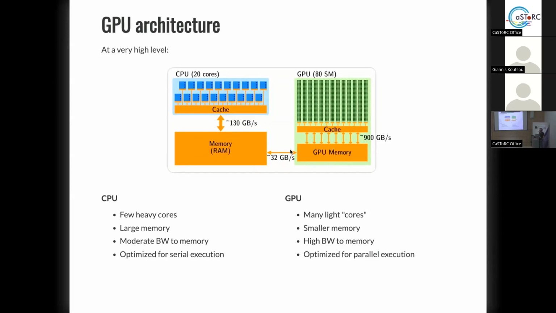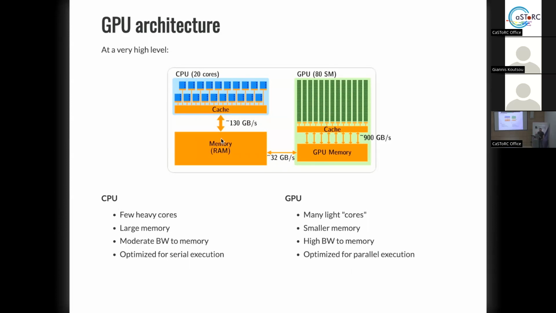For example, the GPU memory is usually smaller than what's available on the node in terms of CPU memory. Okay, so you have a smaller GPU memory, but this memory is high bandwidth. So if you have your data in GPU memory and you want to crunch the data using the GPU cores, then you go through this higher bandwidth bus, which is usually an order of magnitude faster than the bandwidth by which you can access CPU memory from the CPU.